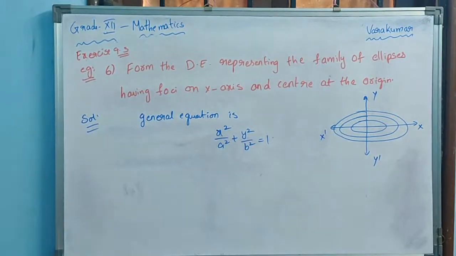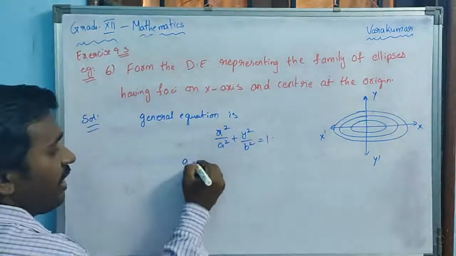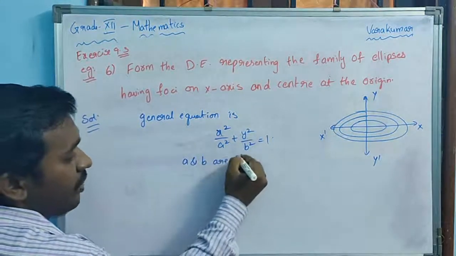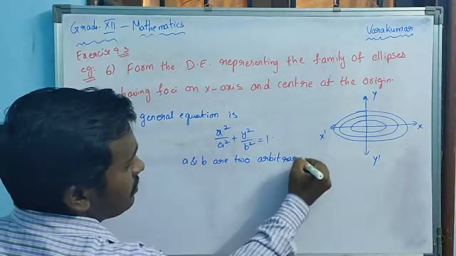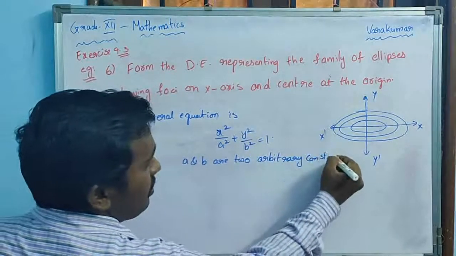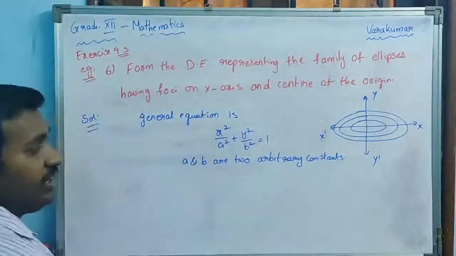If you see here, what are the arbitrary constants? Here, two arbitrary constants are there. a and b are the two arbitrary constants. Now what am I supposed to do?